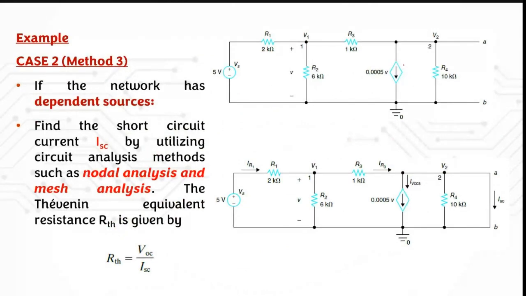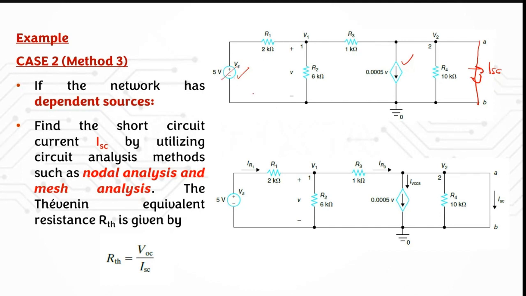you have this dependent source, right? Same as the previous circuit in method 2. If you just put a wire here to make this the ISC, this is going to be your ISC, and you can just leave this independent source. Like in method 2, if you add the test voltage or test current here, you need to turn this off, right?